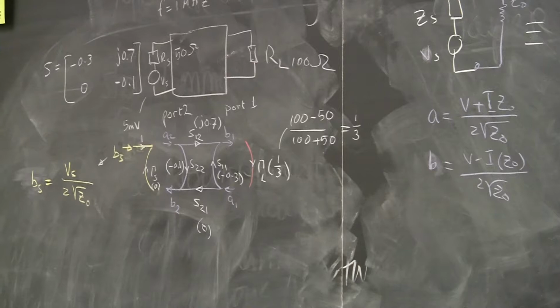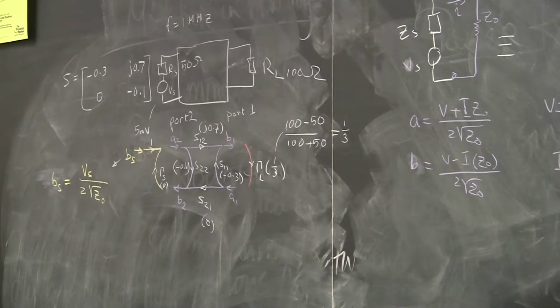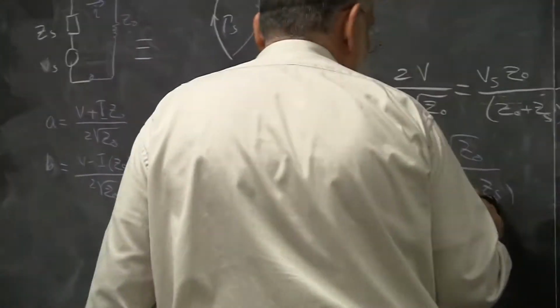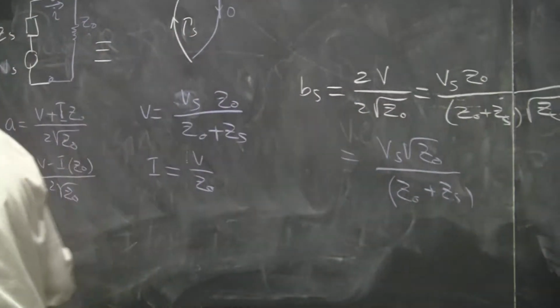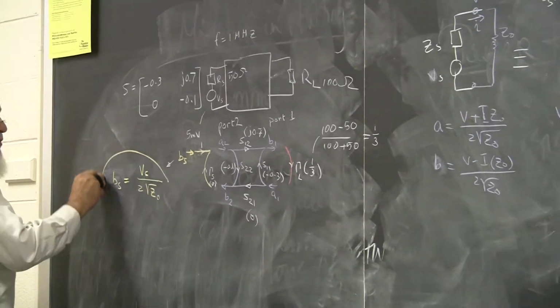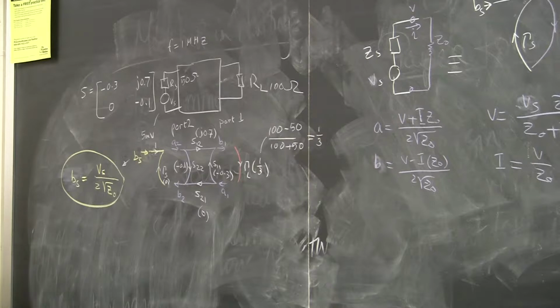What are you showing here? I'm just getting the BS using this equation. Since Zs is equal to Z naught, we have 2 Z naught here, and the square root of Z naught cancels out. So that is the expression for BS.